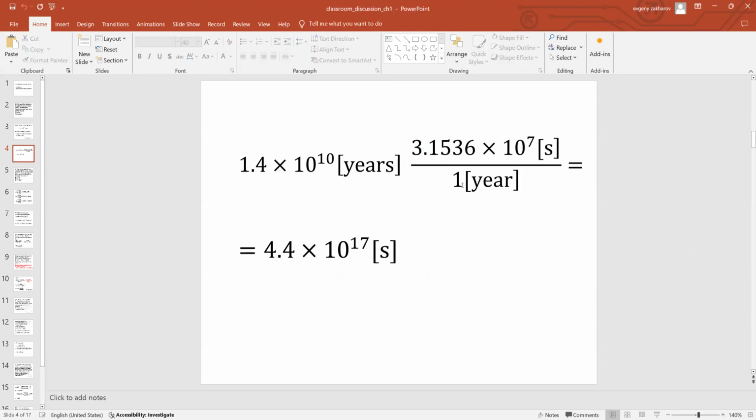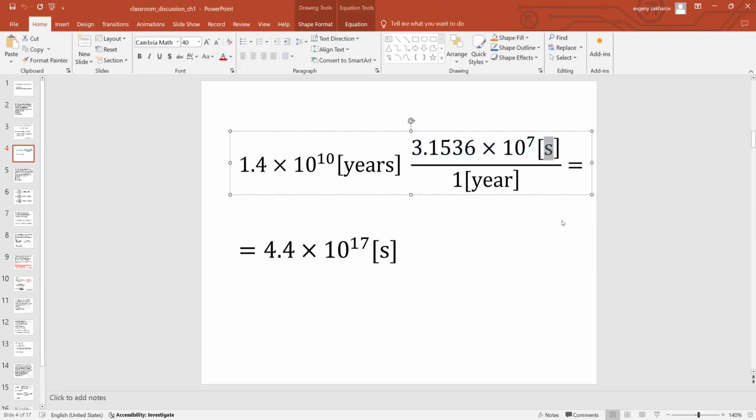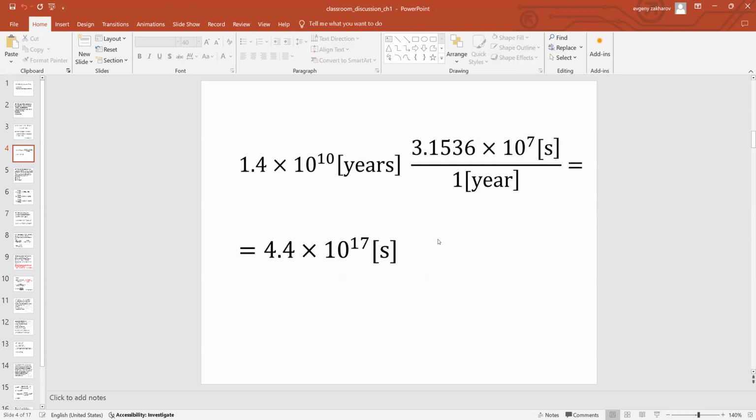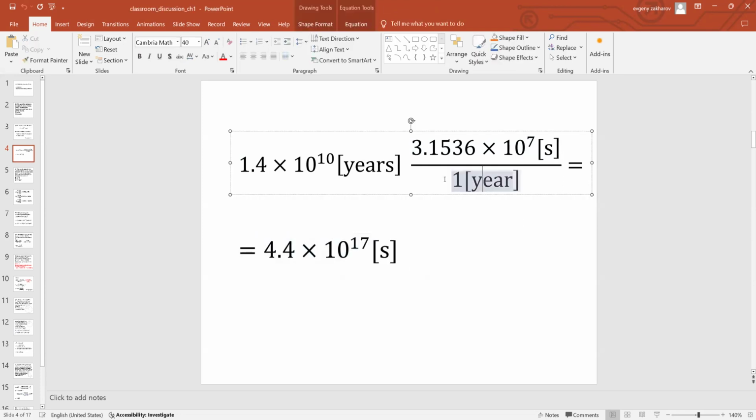See how years go down. You have to put years in the denominator so you can cancel years and you'll be left with seconds.